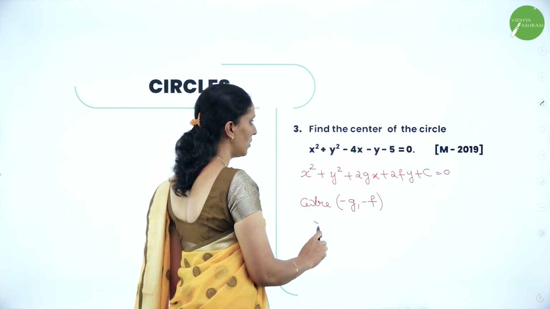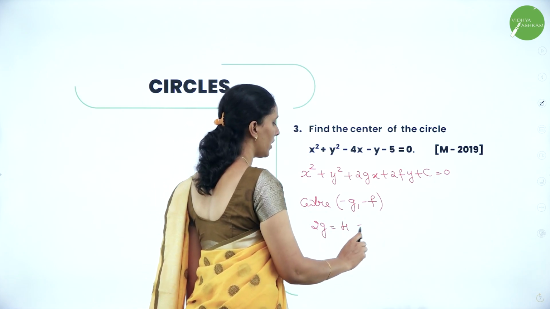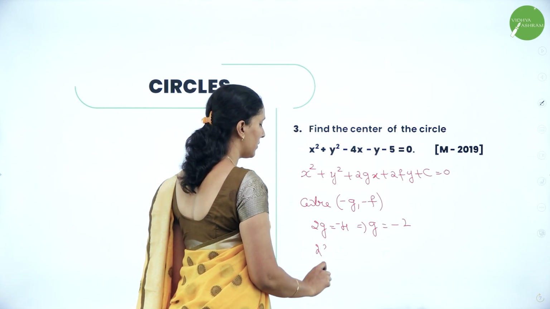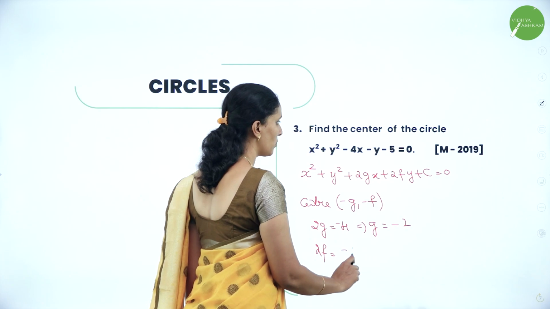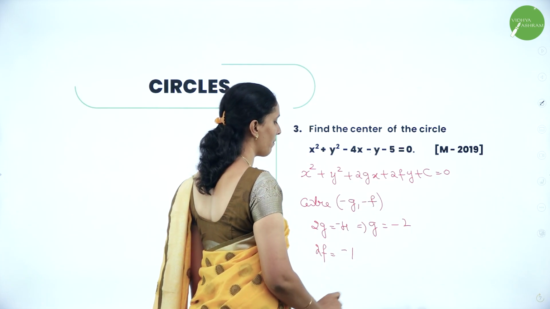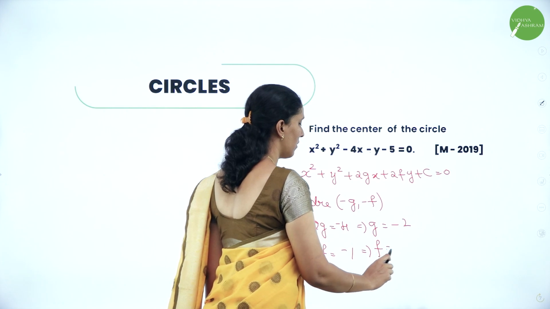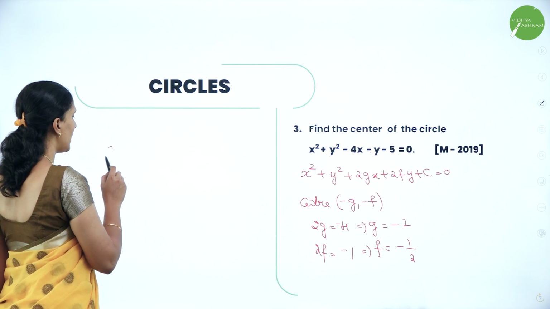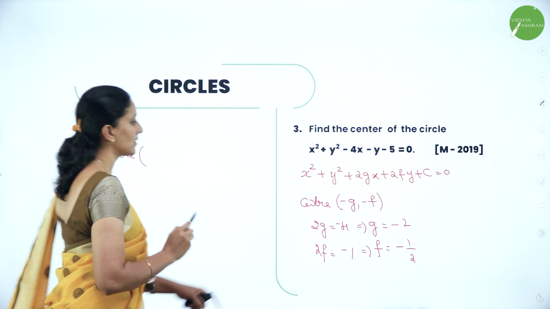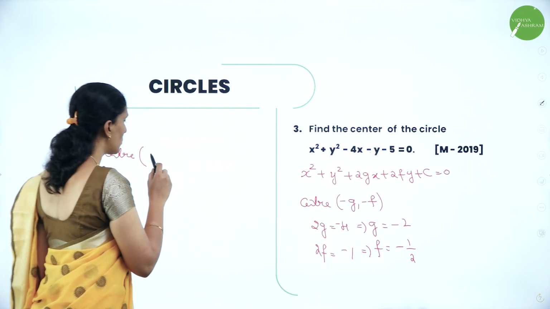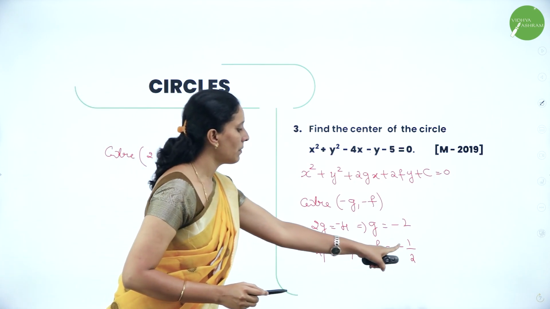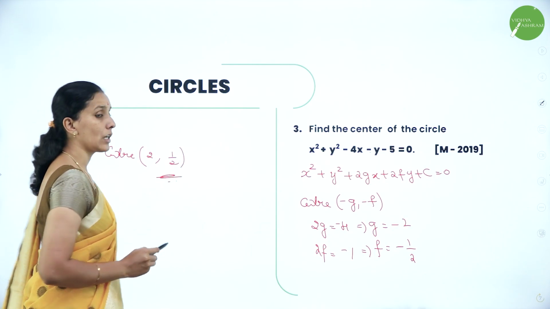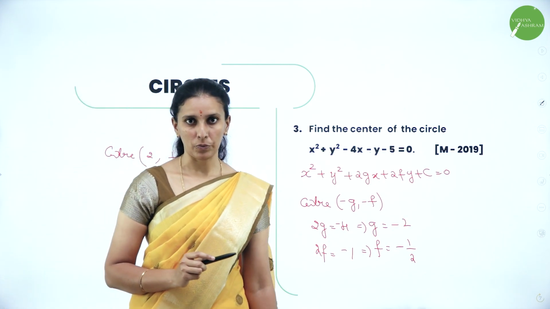So therefore here 2g is equal to minus 4 implies g is equal to minus 2. 2f is equal to minus 1 because in the place of 2f we have minus 1. So f will be minus 1 by 2. G is minus 2. So therefore center is minus g, that is minus of minus 2, 2. F is minus 1 by 2. So minus f is 1 by 2. So therefore the center of the circle is 2 comma 1 by 2.